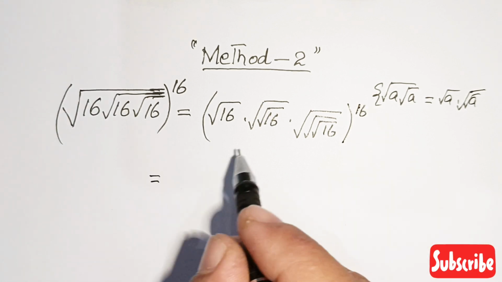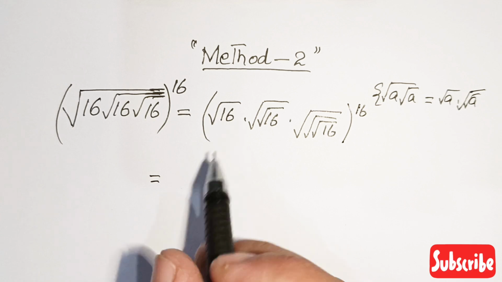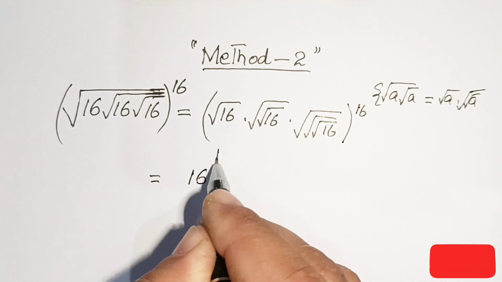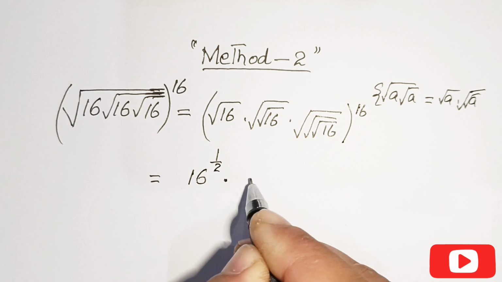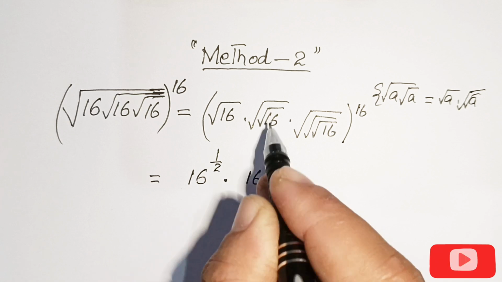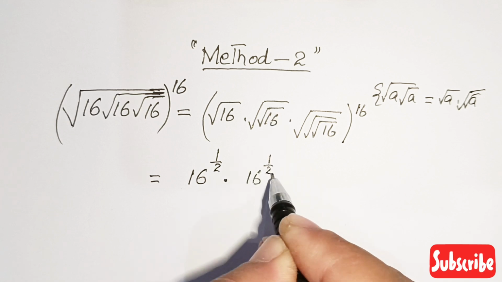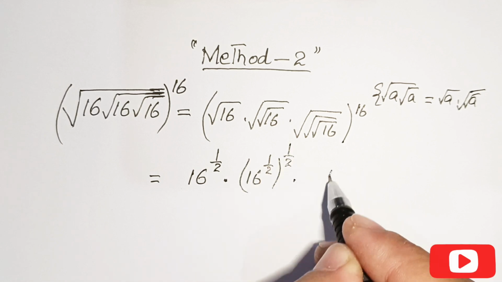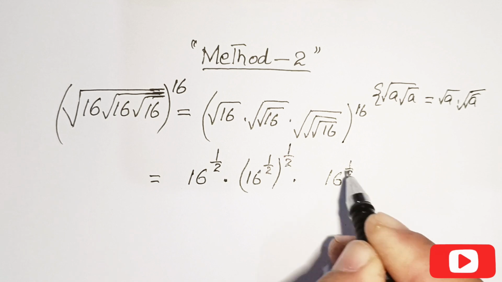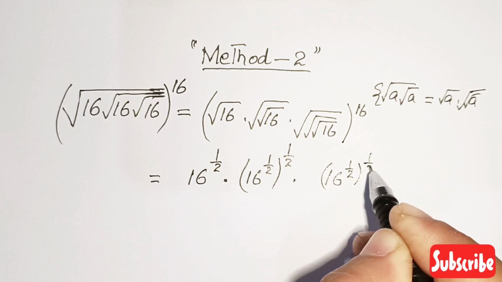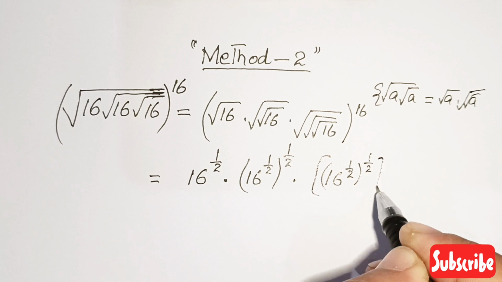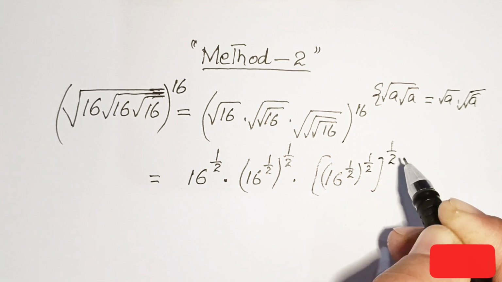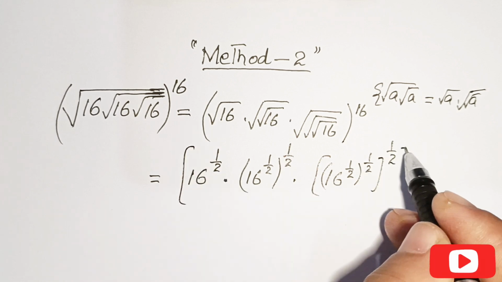Now we know that the value of this square root is equal to 1 over 2. So here we have 16 to the power 1 over 2 times 16 to the power 1 over 2 whole to the power 1 over 2 times 16 to the power 1 over 2 to the power 1 over 2 and again to the power 1 over 2, then whole to the power 16.